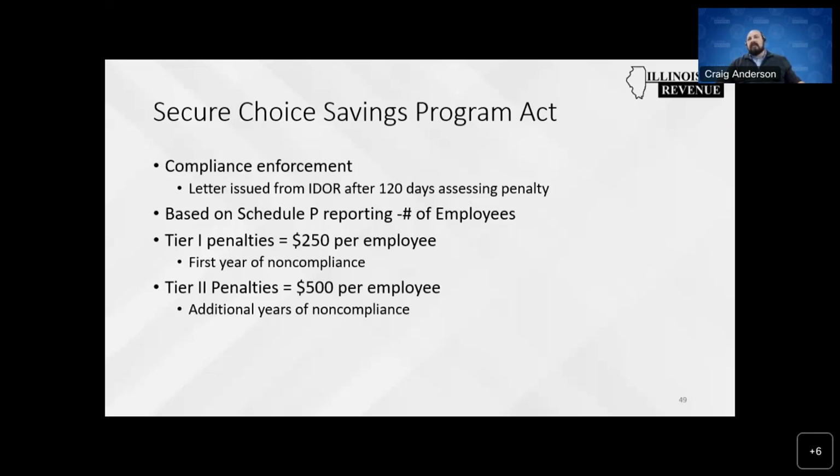What's listed on the page is the Tier 1 and Tier 2 penalties. We are just sent a file and we issue the letter. Otherwise, our involvement would be if anything needs to be corrected, that would be your amended 941 and your amended Schedule P. Okay.